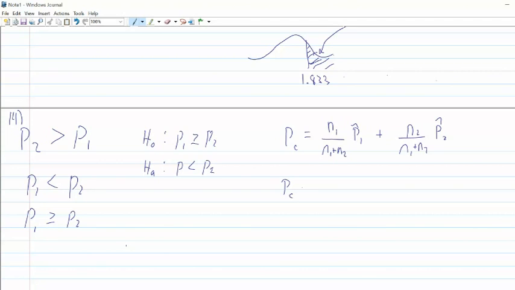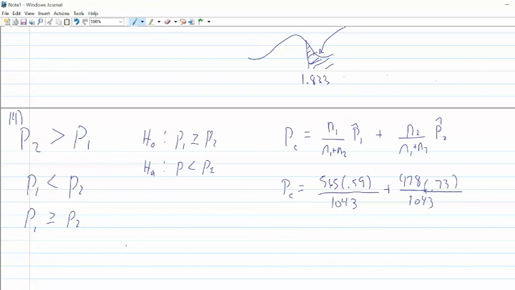And it's a lot of calculations. It is 565 times 0.59 over, I went ahead and added n sub 1 and n sub 2 together, and I got 1,043, plus 478 times 0.73, all divided by 1,043.